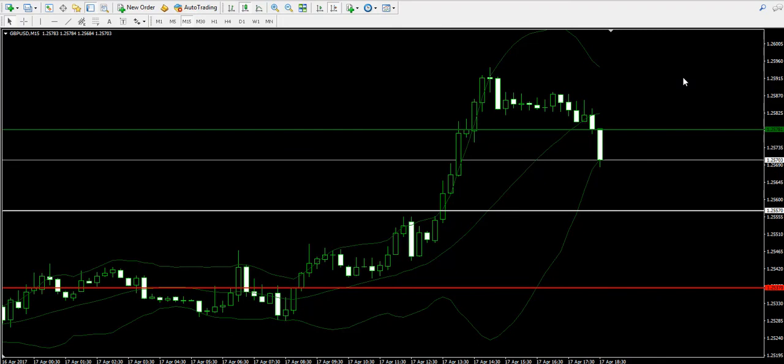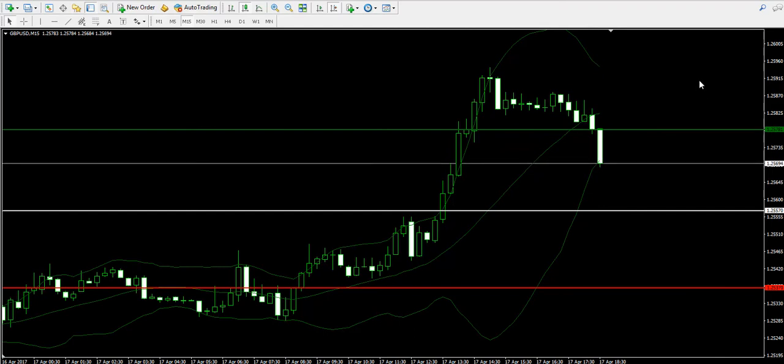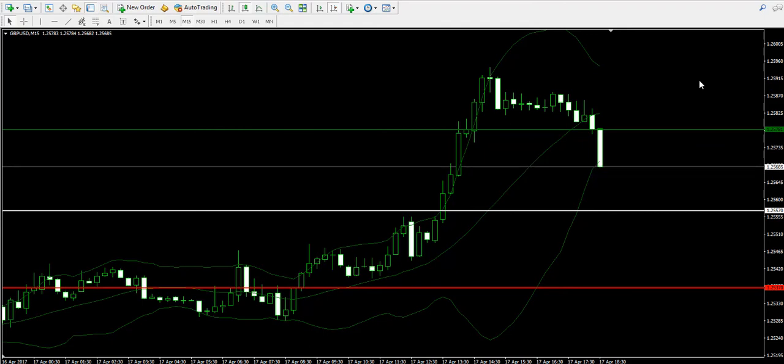So I'm going to do some calculations now to determine the results from this trade. I entered at 1.2557 and I closed at 1.2578, which is like 21 pips difference, 21 pips profit from this trade.